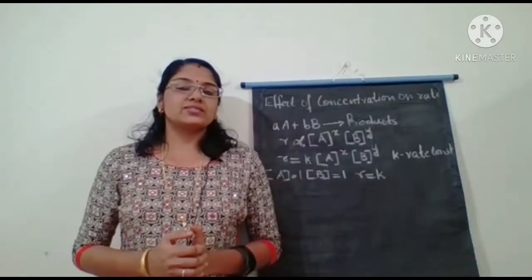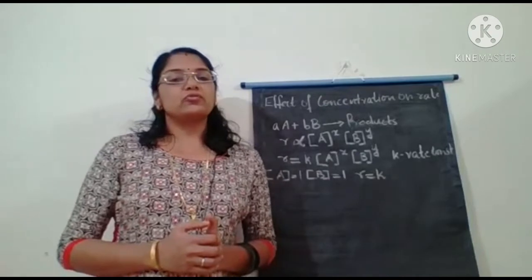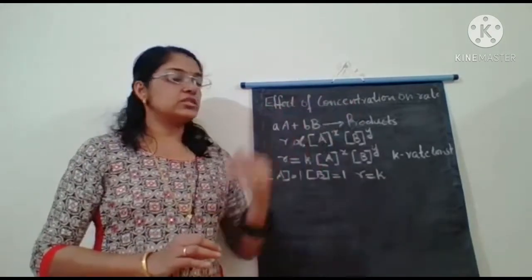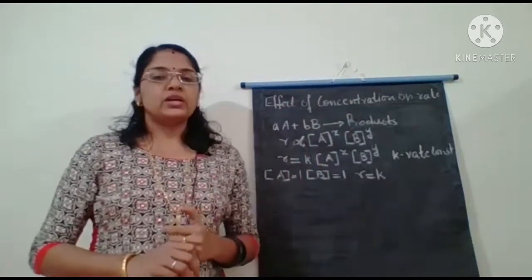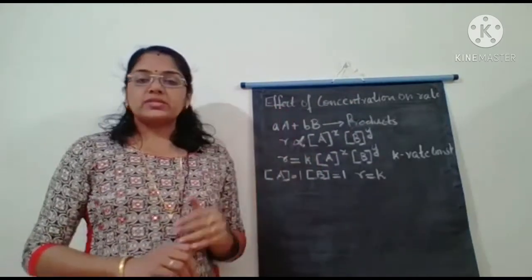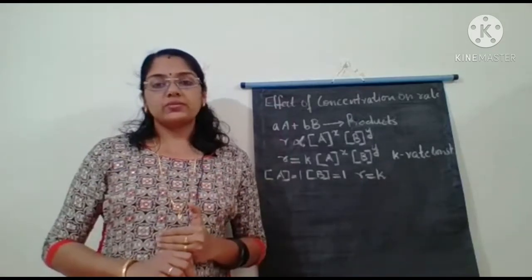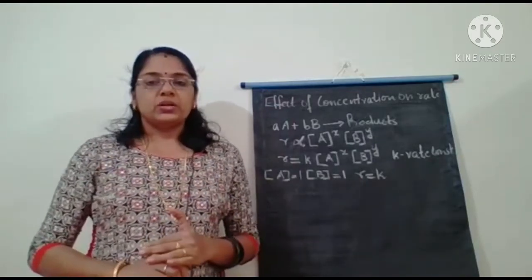So let us first discuss in detail the first factor influencing the rate of chemical reactions, that is the effect of concentration of reactant on rate. We have observed that the rate of chemical reactions increases when the concentrations of the reactant increase.